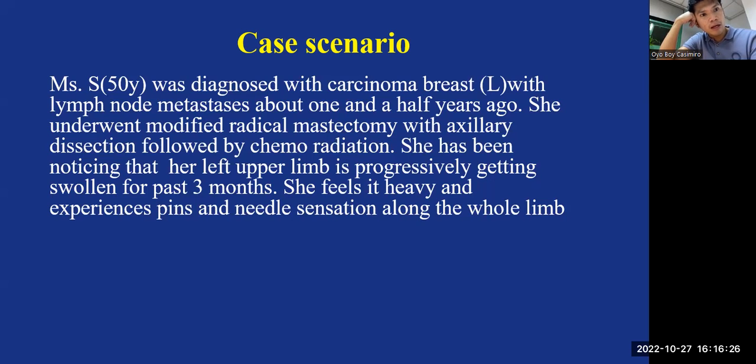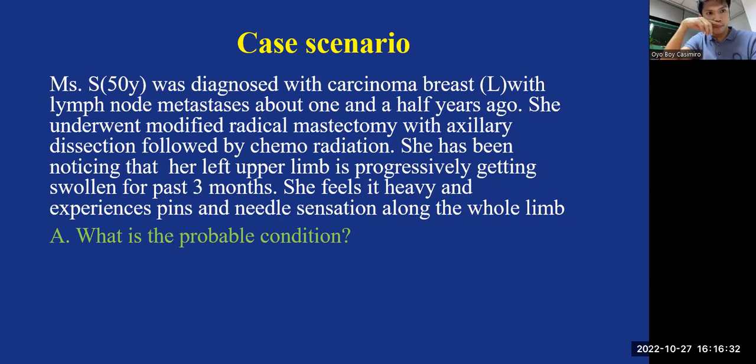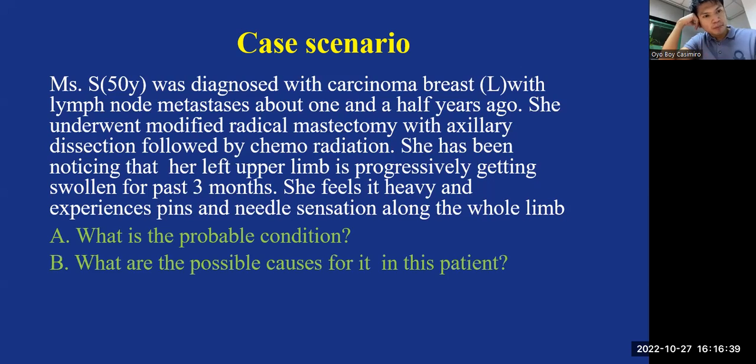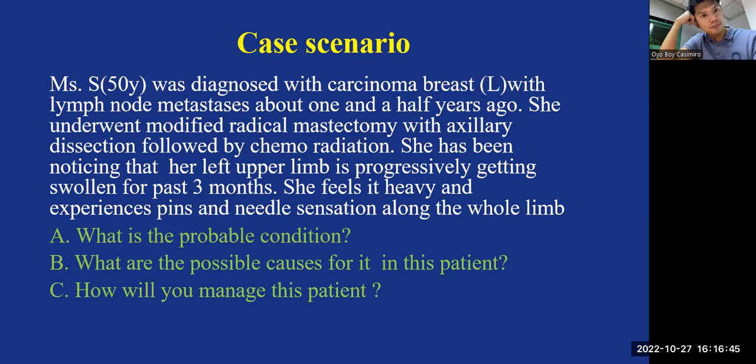She feels it heavy and experiences pins and needles sensation along the whole limb. Questions. A. What is the probable condition? B. What are the possible causes for it in this patient? C. How will you manage this patient?